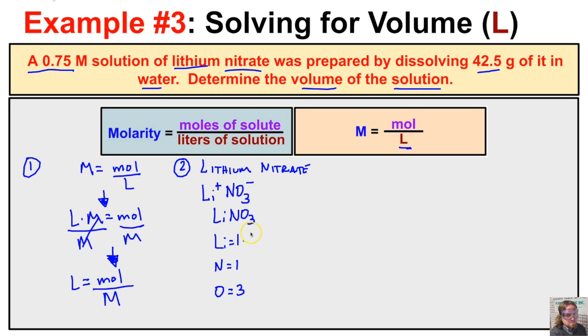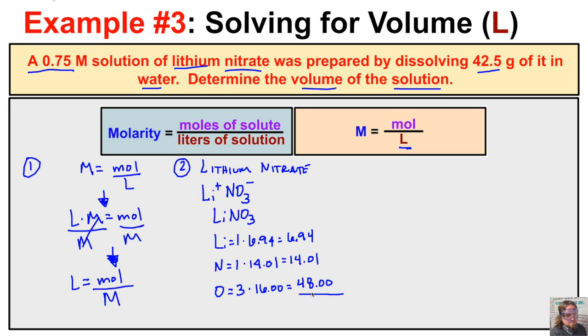Lithium's molar mass, if you take a look on the periodic table, is 6.94. Nitrogen's is 14.01. And oxygen is 16.00. And so we have 6.94 here. We have 14.01 here, and we have 48.00 right here.